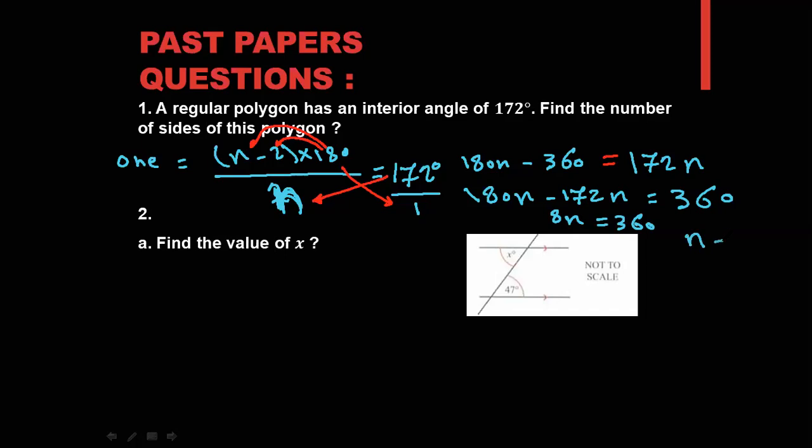The value of n finally should be equal to 360 divided by 8, which equals 45. So the number of sides here is 45 sides.